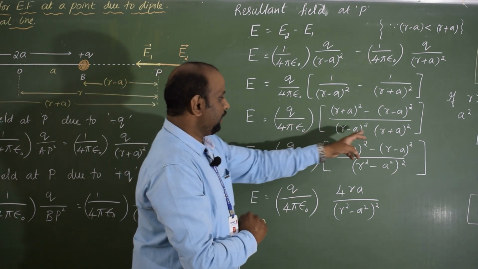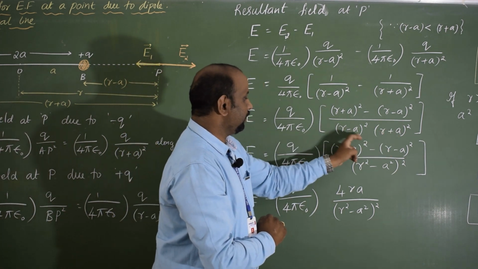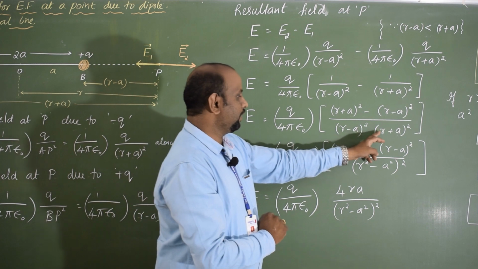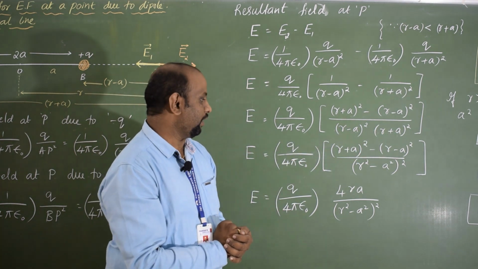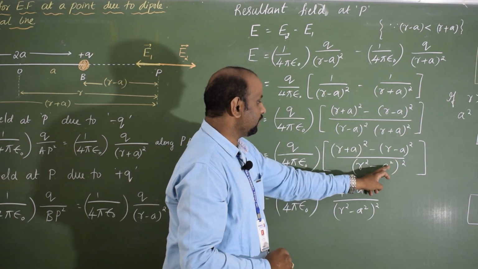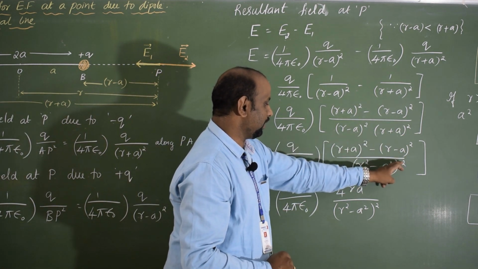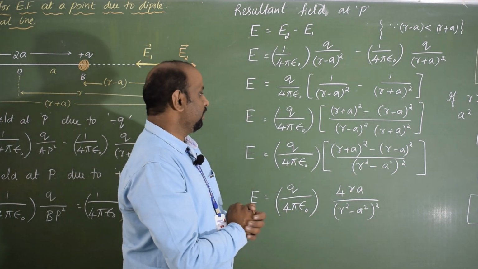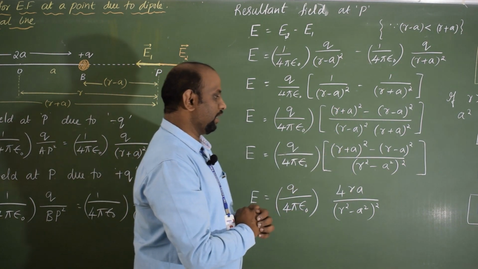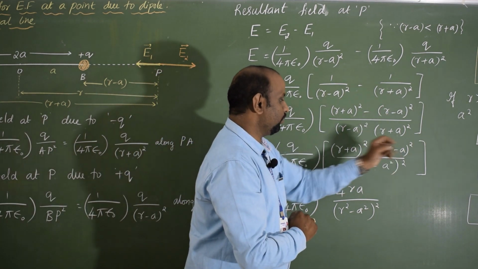And the denominator is in the form of A plus B into A minus B, that is A square minus B square, meaning here R square minus A square, and one square is extra, that is R square minus A square whole square. Then the remaining is R plus A whole square minus R minus A whole square.